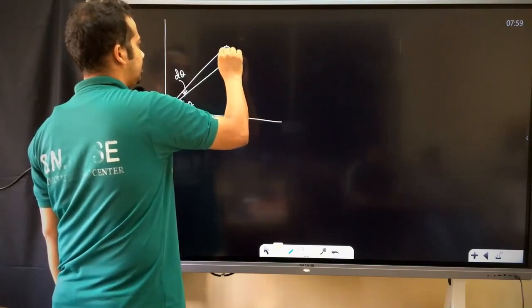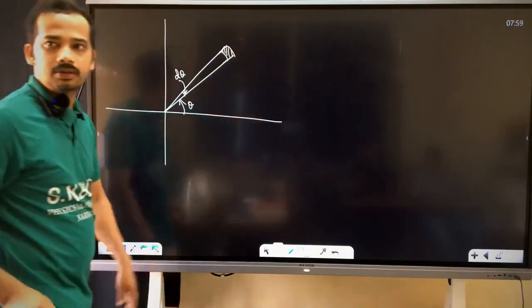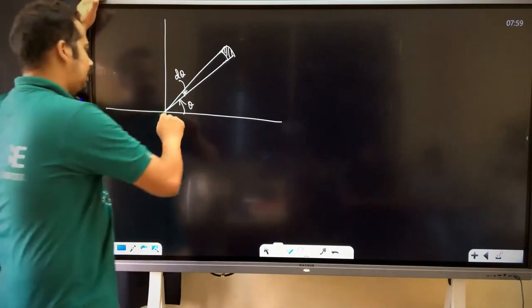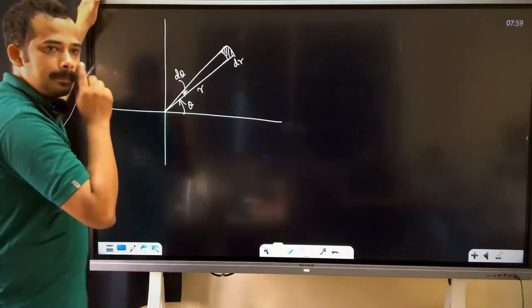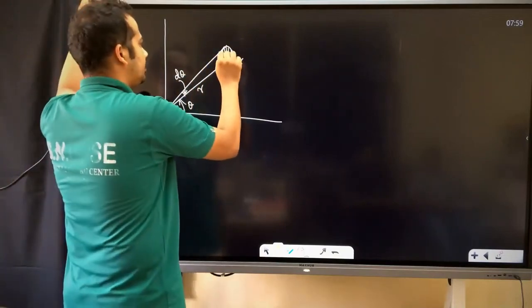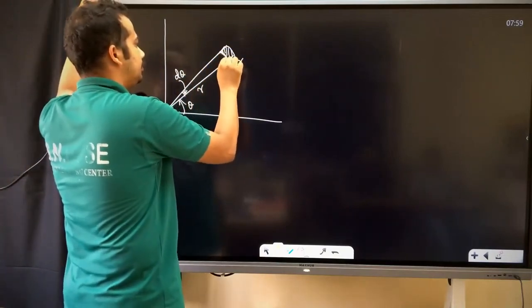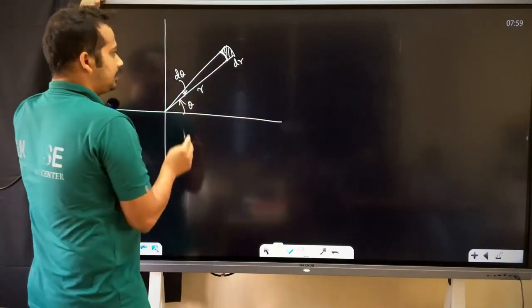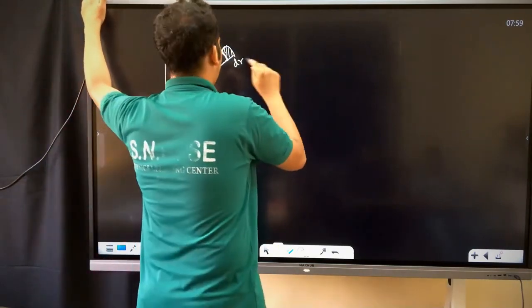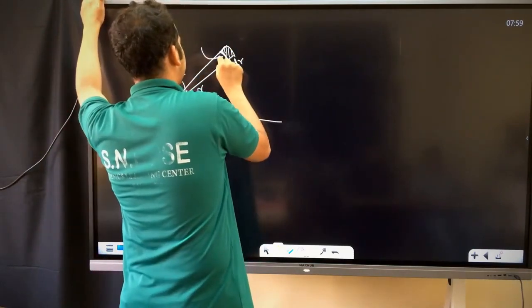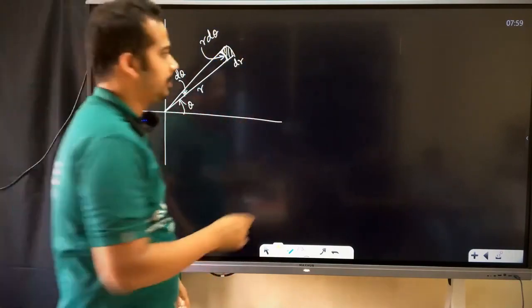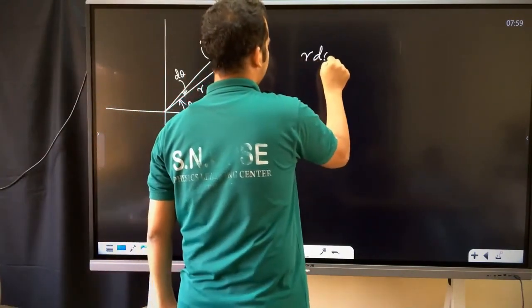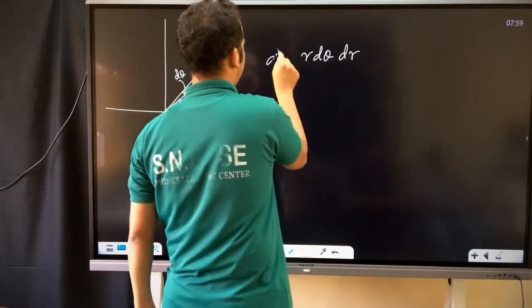I'll take this one as r, this one as dr. What is this one? r d theta. So that's why this is r d theta, dr, an elementary area.